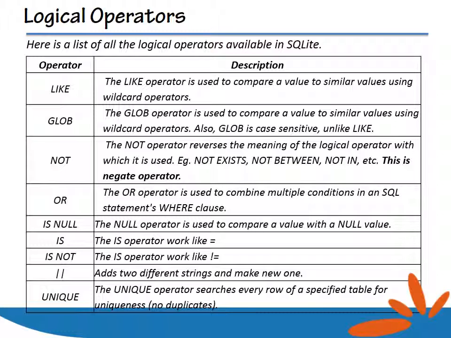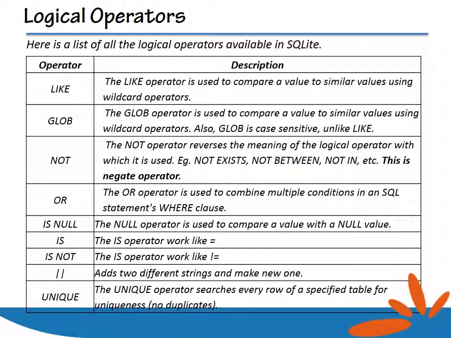The OR operator is used to combine multiple conditions in an SQL statement's WHERE clause. NULL: the NULL operator is used to compare a value with a null value. And the next one is IS. The IS operator works like equal. If NOT is added, the IS NOT operator works like not equal.